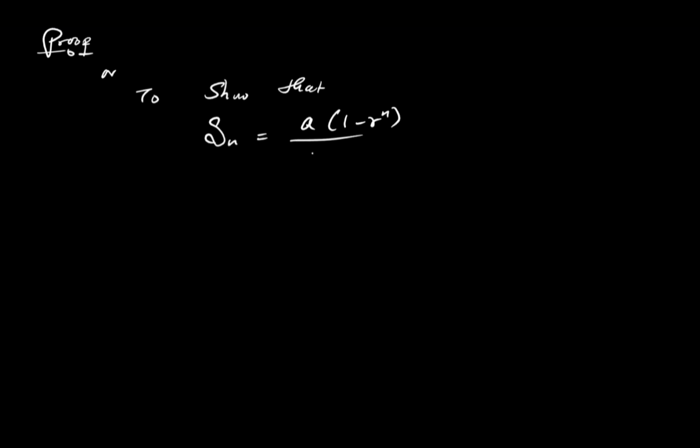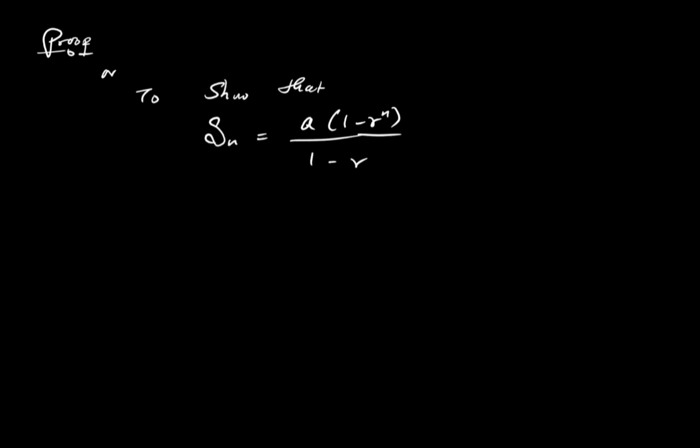So to prove this, or to show that the sum is equivalent to what we just showed, we can say that proof, or rather to show that S sub n is equal to a, open brackets 1 minus r to the n over 1 minus r.